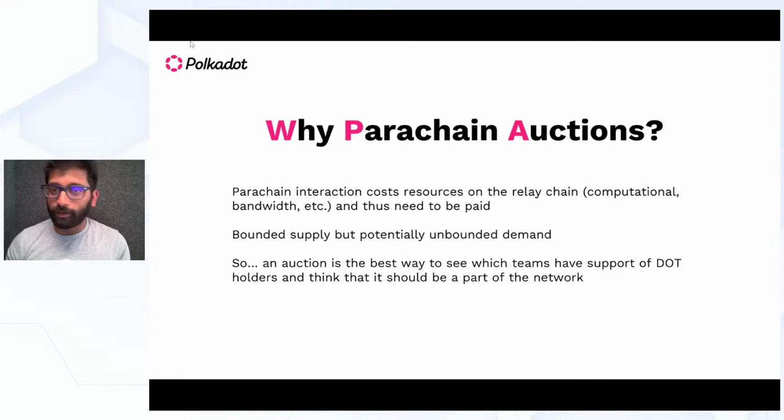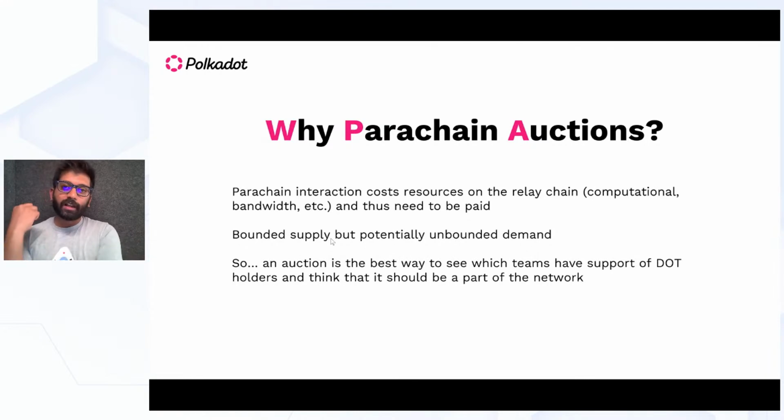So we live in a permissionless world, right? So we want everything to be decentralized, but again, we want to ensure some sort of quality inside the ecosystem. So we're talking about a bounded supply of resources that Polkadot can offer, and then there's potentially an unbounded demand out there, right?